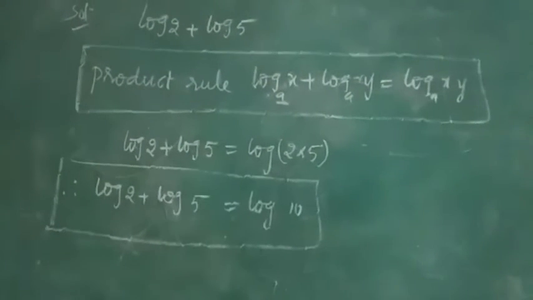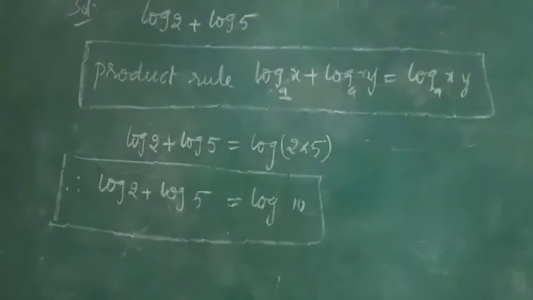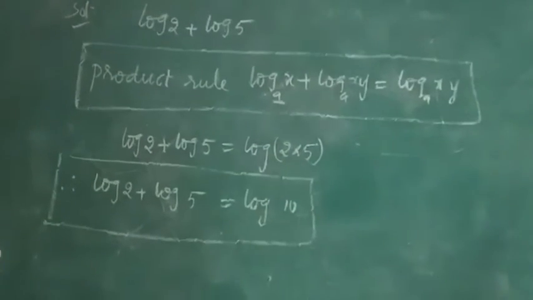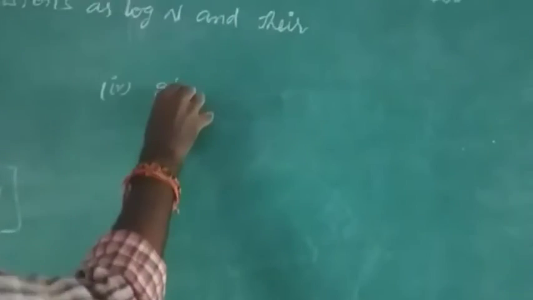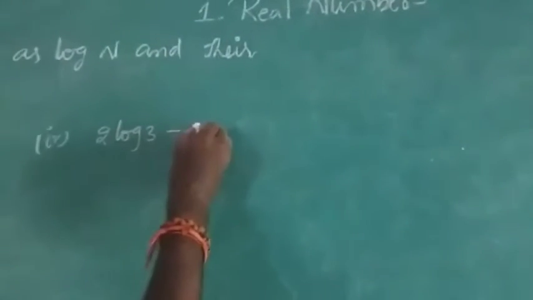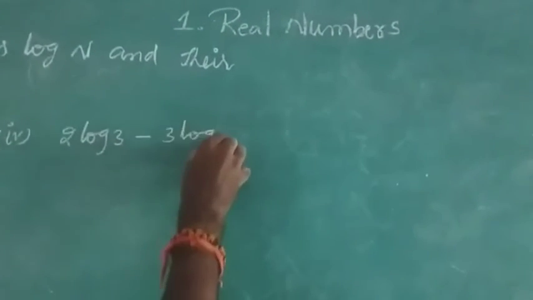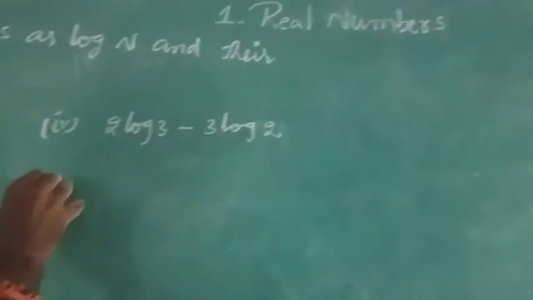Then similarly, I would like to explain the fourth problem. The fourth problem, 2 log 3 minus 3 log 2.